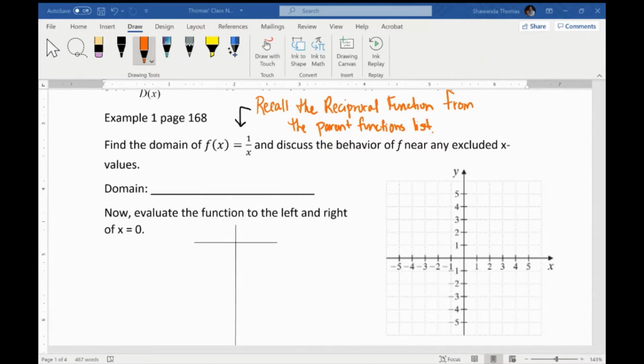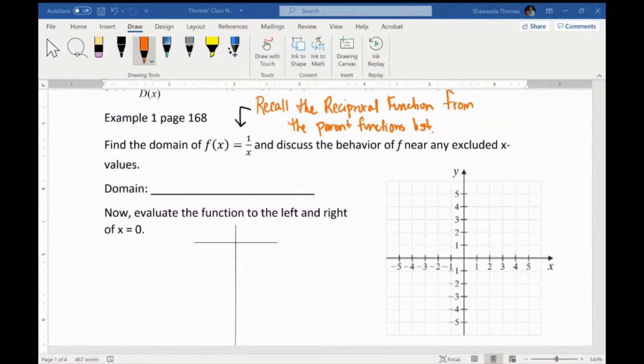Okay, what does that tell us for this situation? What is the domain then? It's not equal to zero. Zero is the number that's precisely not in the domain. Y'all remember it now?